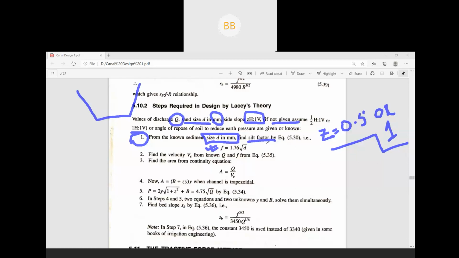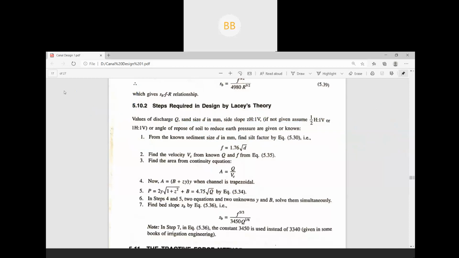So our first step is to find the silt factor using this expression, f is equal to 1.76 root over d. Then the next step, the second step, is to find the velocity.